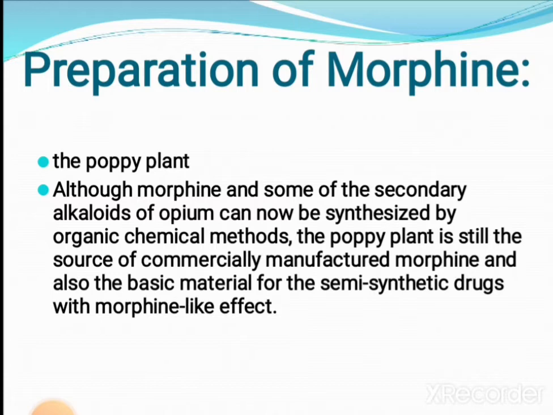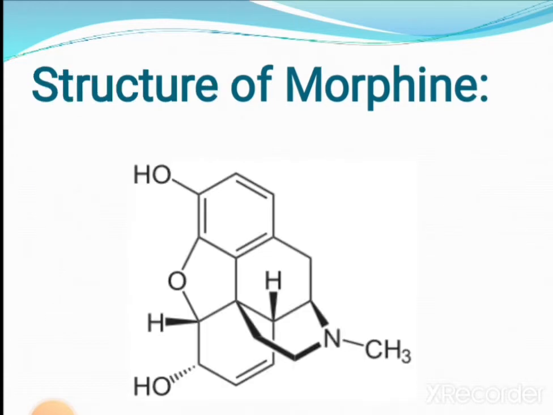Means it has different chemical methods by which morphine is synthesized. The poppy plant is still the source of commercially manufactured morphine, and also the basic material for the semi-synthetic drugs with morphine-like effect.